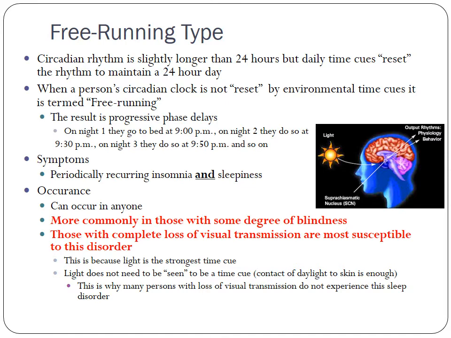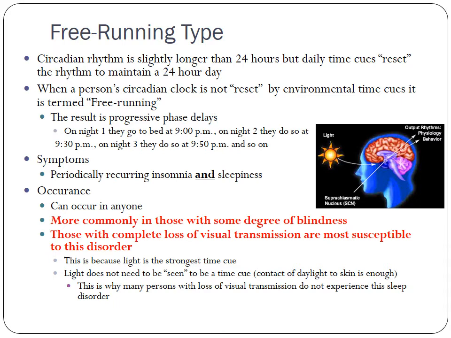The result of this is progressive phase delays. So on night 1 they go to bed at 9. On night 2 they go to bed at 9:30. On night 3 they go to bed at 9:50, and so on and so on. It's a phase delay, so each night they go to bed a little bit later because the time cue hasn't reset their clock so that they go to bed at the same time.